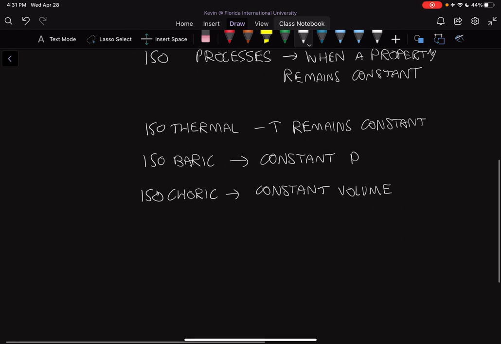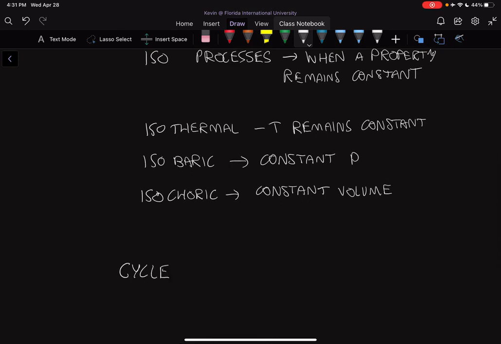Now, we're also going to want to define a cycle. A cycle is when a system returns to its initial state at the end of a process. So a cycle would be defined as something like this. If we have a PV diagram, and we have our process from 1 to 2, a cycle would be defined as a process from 1 to 2, and then a process from 2 to 1, going back to 1.